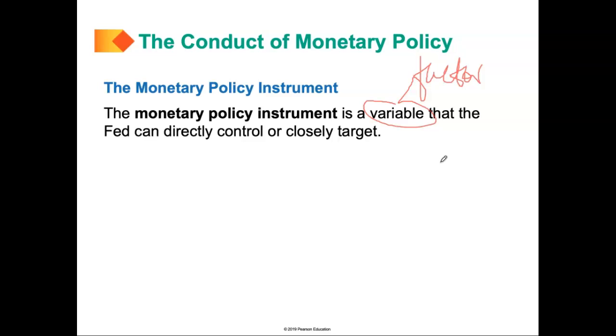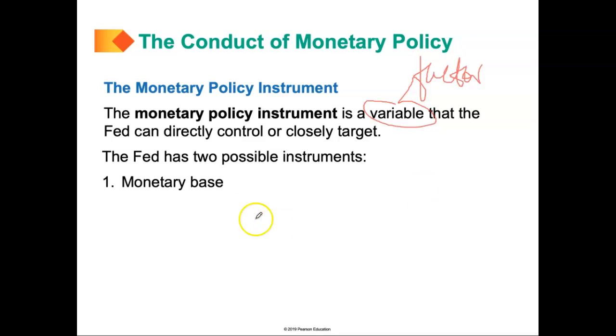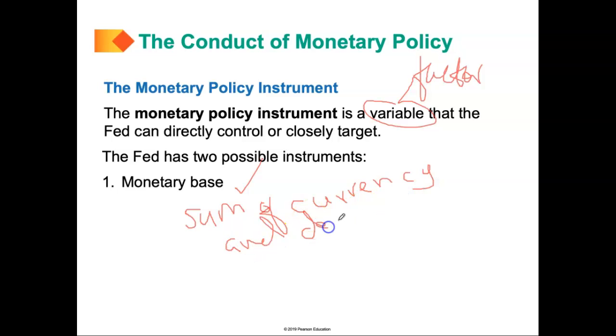The Federal Reserve in the United States has two main policy instruments. I'm going to look at those. Well, the first one is the monetary base. The monetary base is basically made up of a sum of currency and deposits in financial institutions, like deposits in your checking account or savings account.